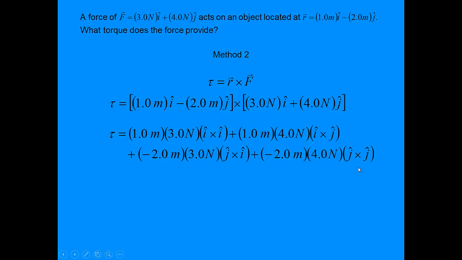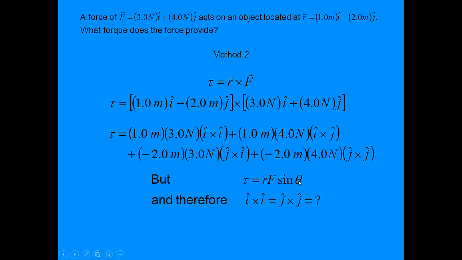Well, first off, remember these are unit vectors, and the whole point of a unit vector is that it is 1 unit long, hence the name. So it's got a magnitude of 1, but what's the direction? How do we do this? Well, let's look at the ones that are the same, the i crossed with i and the j crossed with j.